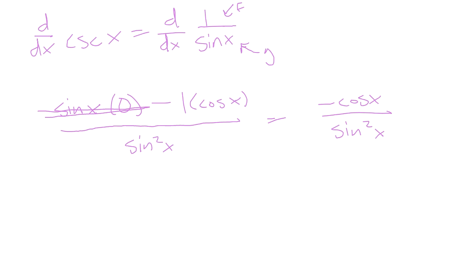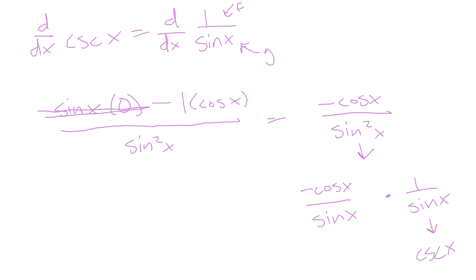We can actually break this down a little more into two separate fractions. We can say that this is equal to negative cosine of x over sine of x times 1 over sine of x. We know that 1 over sine of x is going to be cosecant of x.